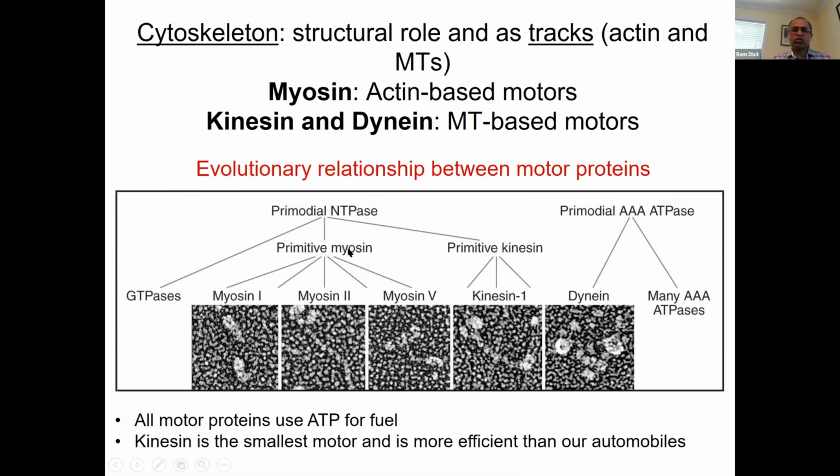Myosins and kinesins are evolutionarily related. Dynein is a whole different type of protein called an AAA ATPase. Nonetheless, all of these motors use ATP for fuel, so they're all ATP-dependent enzymes. And kinesin 1, the conventional kinesin, is the smallest, most compact motor protein, and has a very high efficiency, even better than our automobiles.